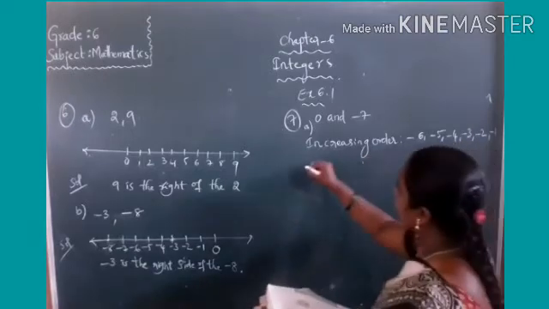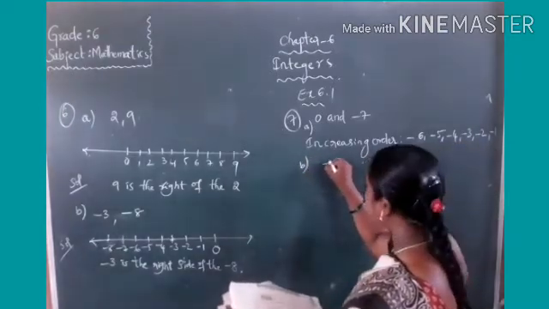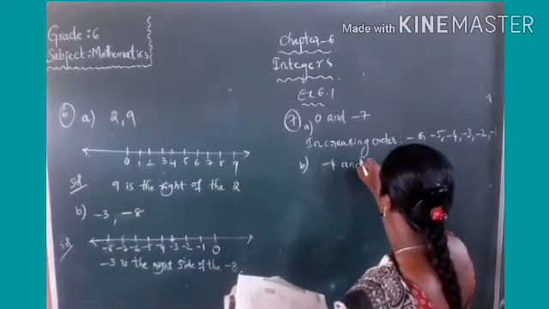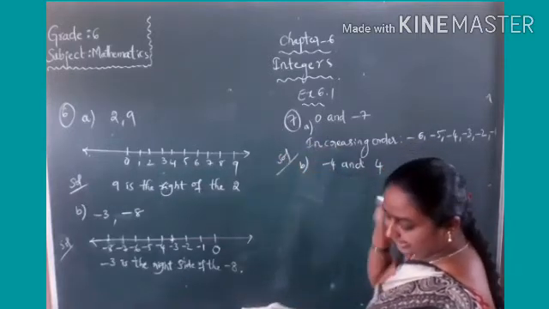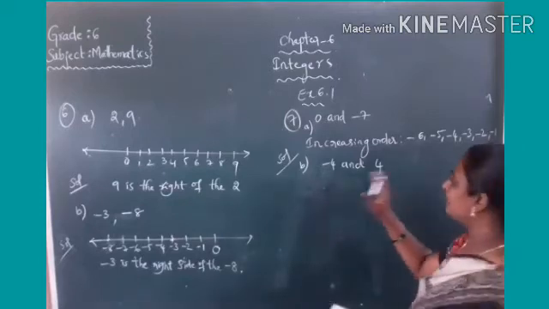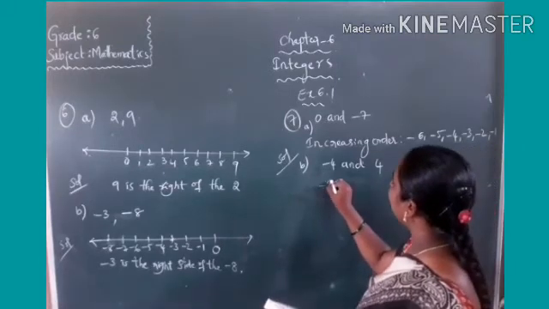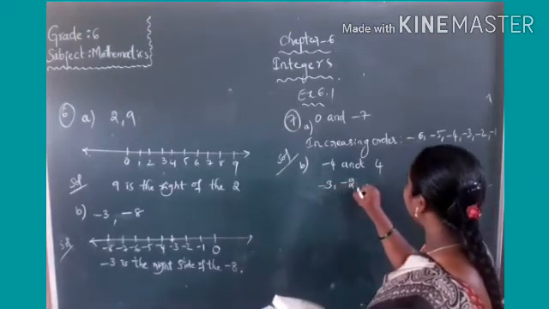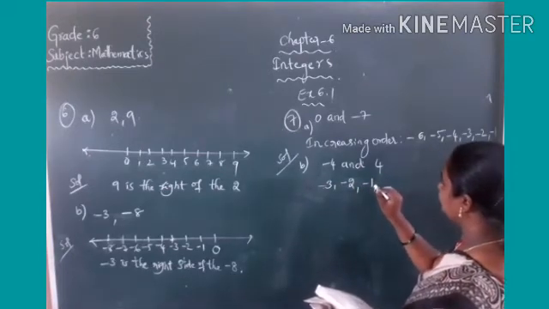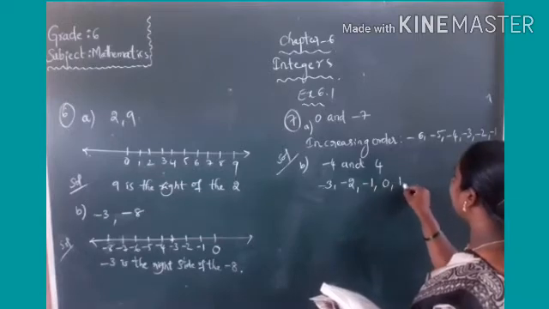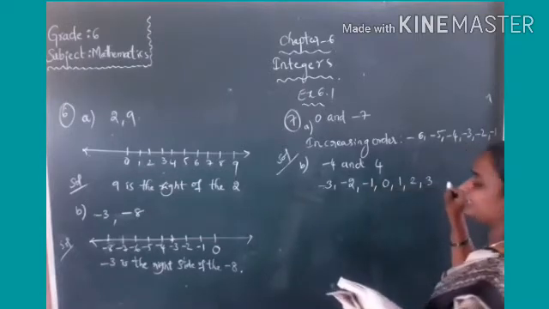Same. Next B: minus 4 and 4, in increasing order. Minus 3, minus 2, minus 1, 0, 1, 2, 3.